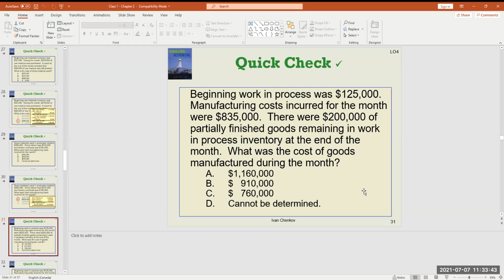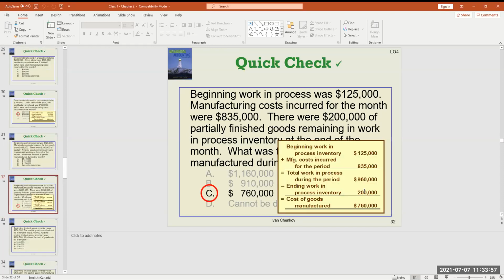How much is left? 760. Everybody get that number? Yes. Good. That should be the correct answer, correct? Yeah. 760. Let's see if that's true. Yes, it is. So we take the beginning balance, add the production during the month, minus the ending balance, and we get the cost of goods manufactured.